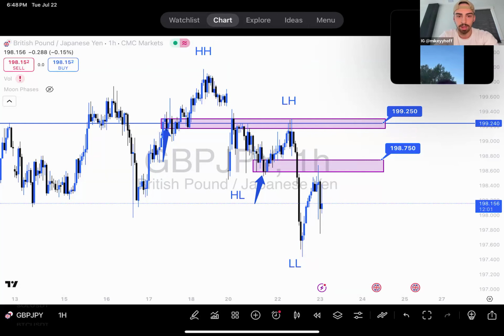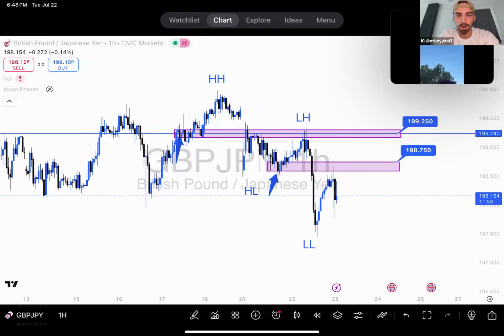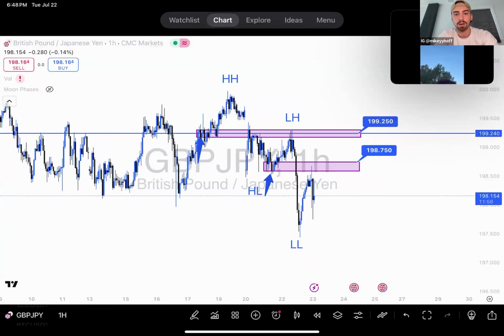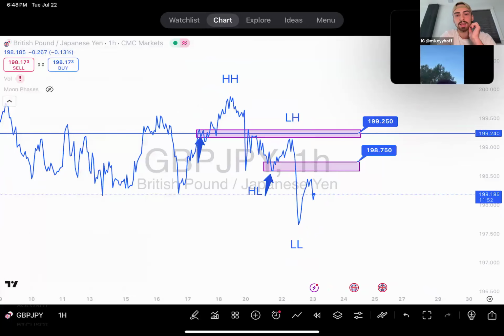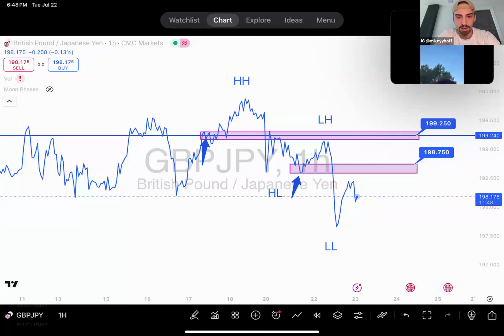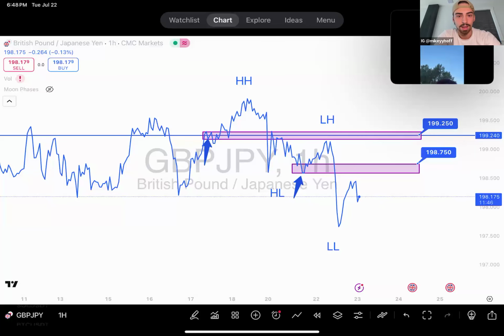And sometimes you're not going to be able to see it right away, right, where those peaks and valleys are. Sometimes it might be a little bit confusing. So that's why we actually use the line chart to take away all of the wicks and different things like that, right? Take away all the different candles. And now you can clearly see all of the different peaks and valleys where the market has created, right?